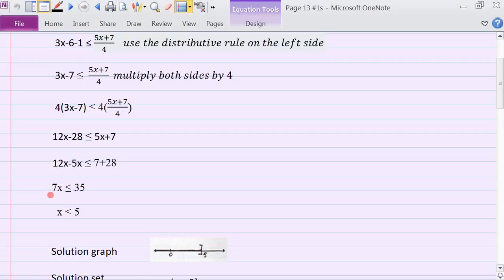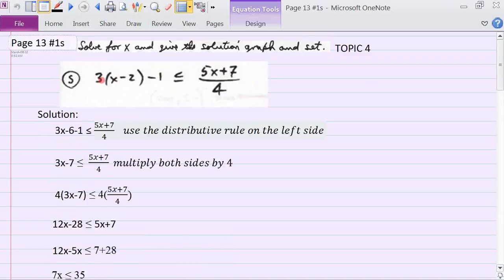Because the number we're dividing by is positive, the direction of the inequality doesn't change. So the solution set is any number that's less than, if x is less than or equal to 5, then it is a solution for the original inequality.